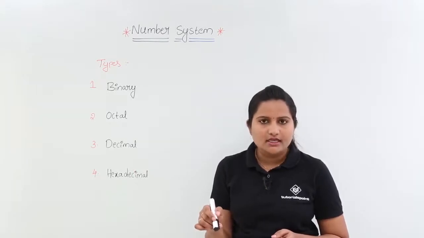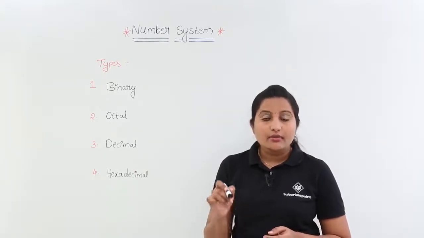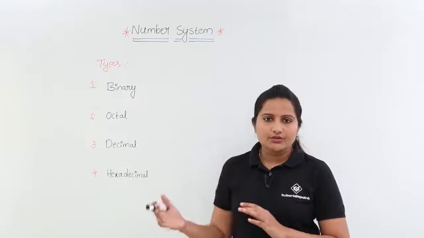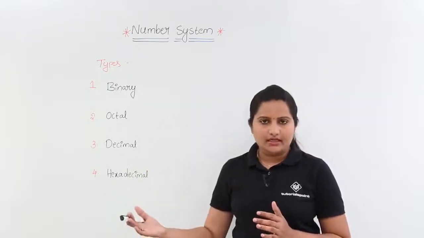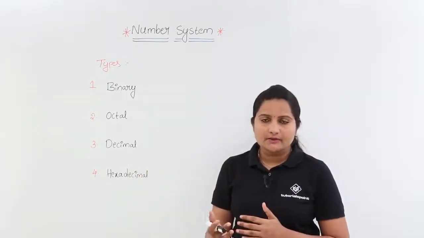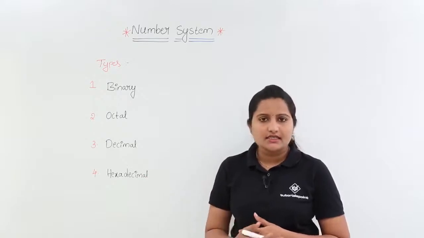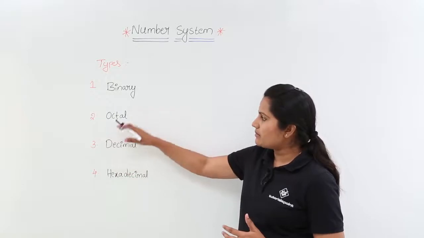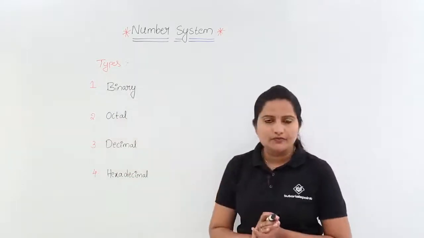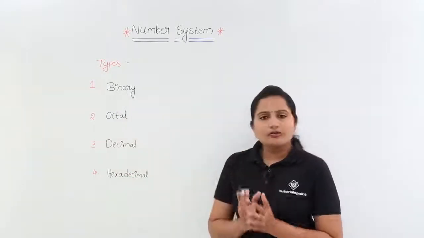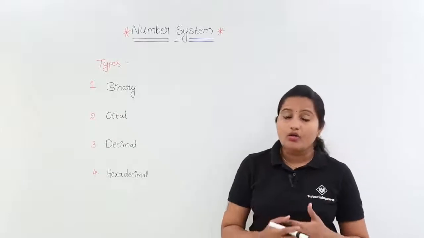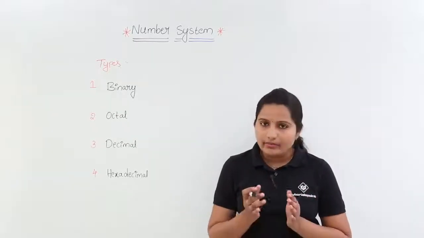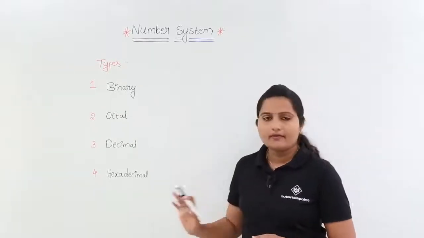If you want 2 tickets, you just enter 2, but the system will convert 2 into binary. That means conversions take place. In the next classes we will discuss those conversions also. Manually we use the decimal number system. All these systems are useful, and not only these 4, we may have n number systems, but the basic number systems are only 4.